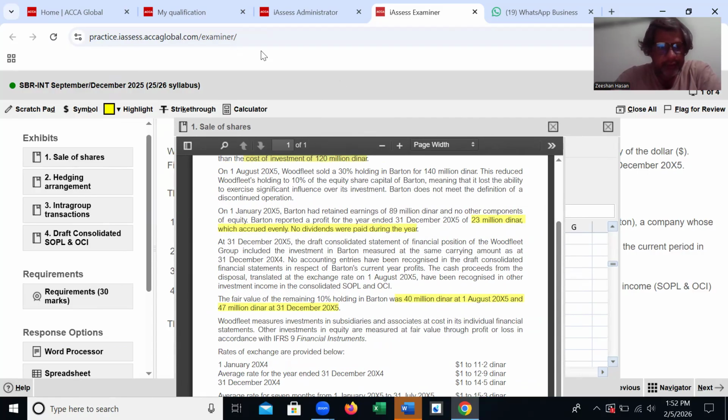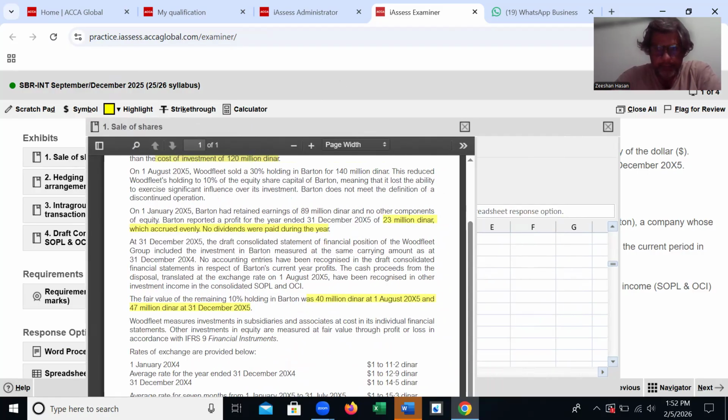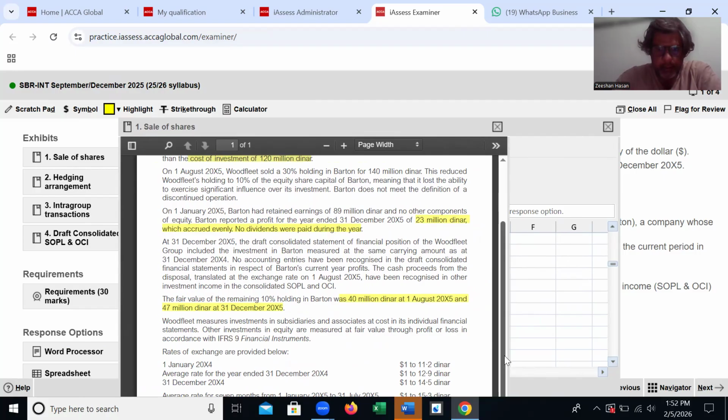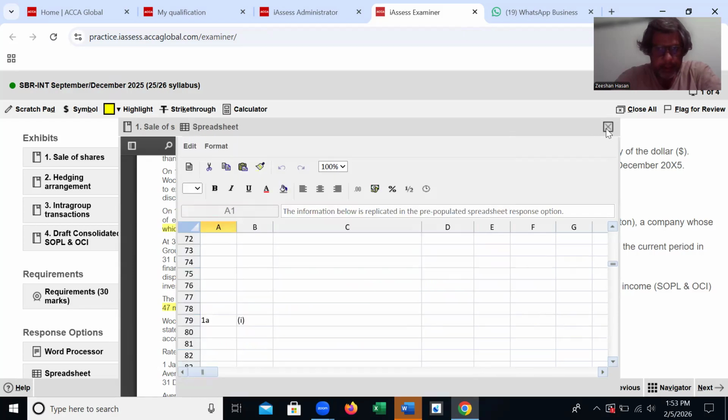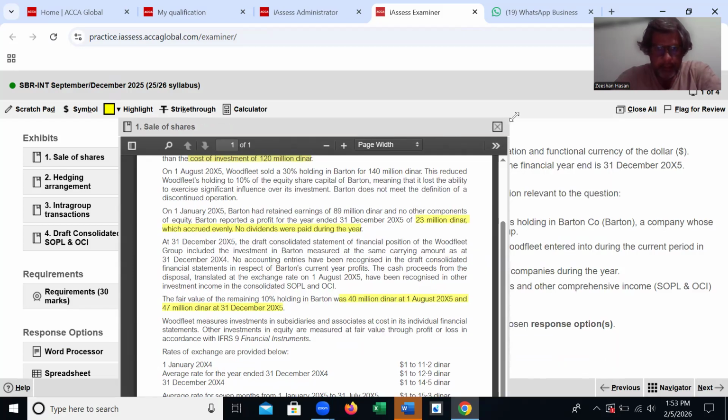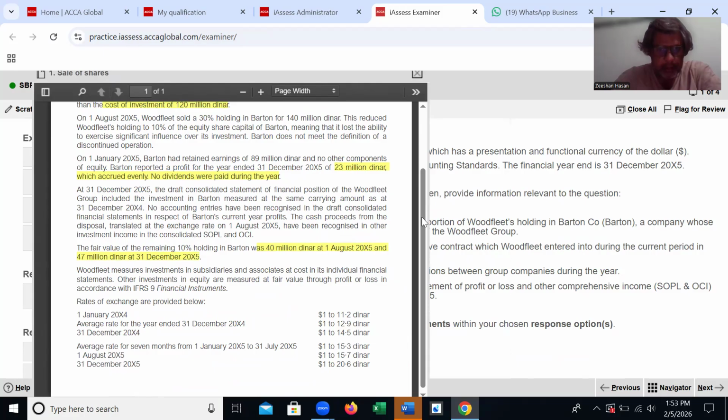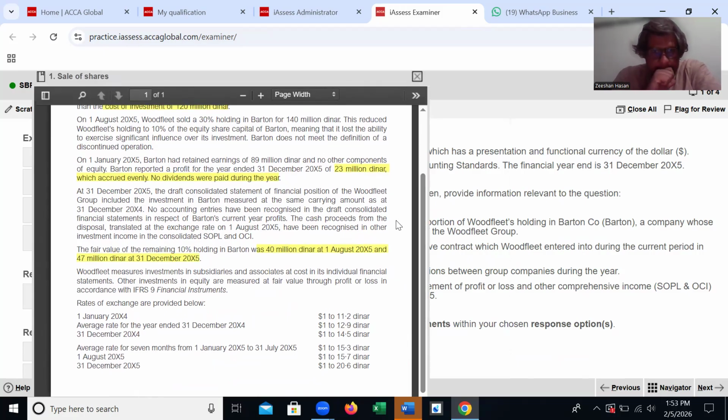Just a second, I have to adjust the screen. On 1st January X5, Barton had retained earnings of 89 billion and no other components of equity, and reported a profit for the year ended 31st December X5 of 23 billion.